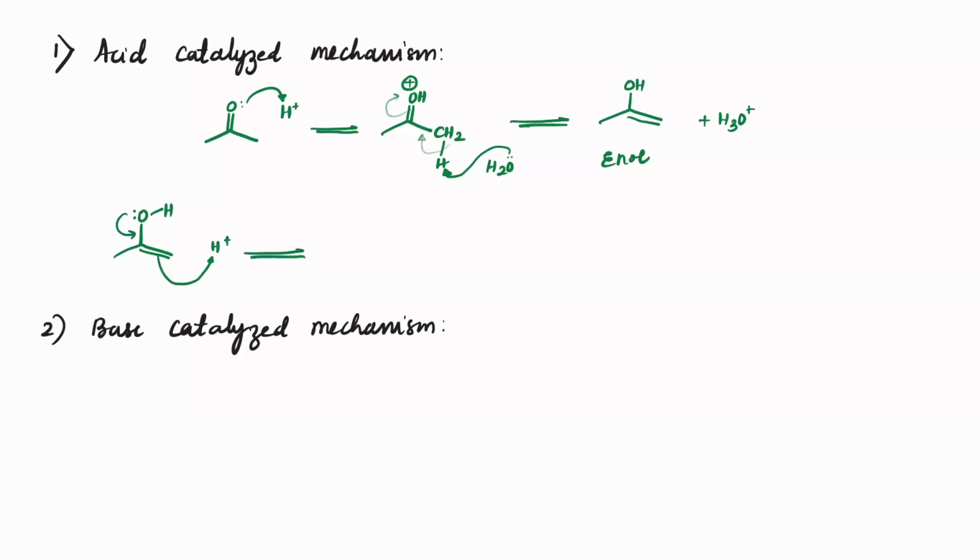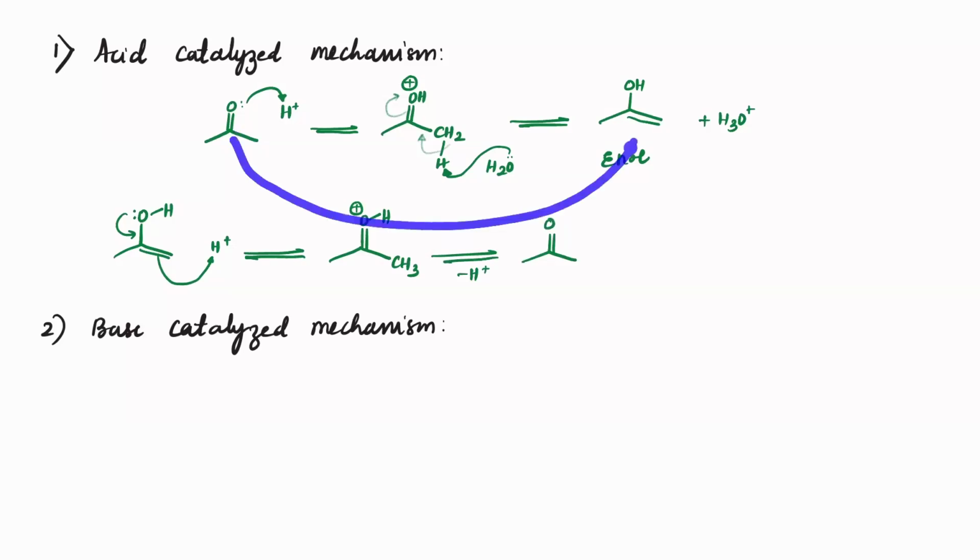That will convert into double bond OH plus, and this will become CH3. This will lose H plus in the solution and convert into ketone. So you can see ketone to enol conversion, and enol to keto conversion. It will exist in equilibrium, so there is an interconversion of these two.